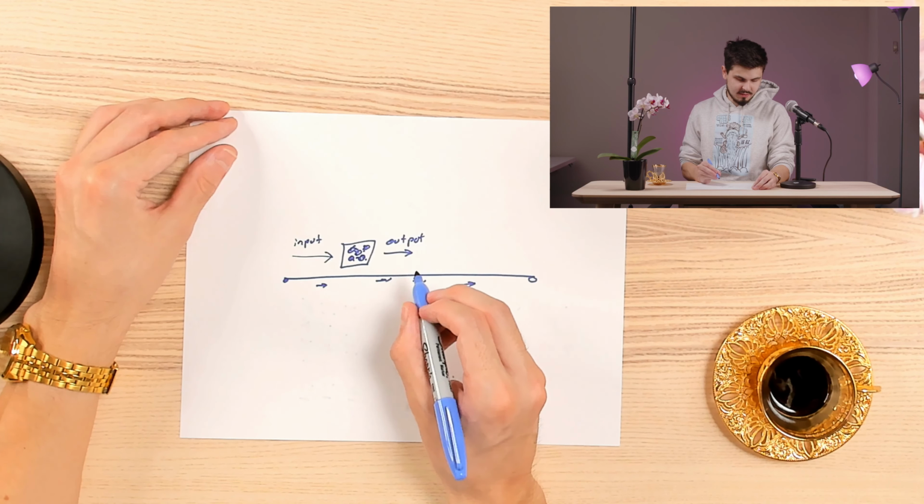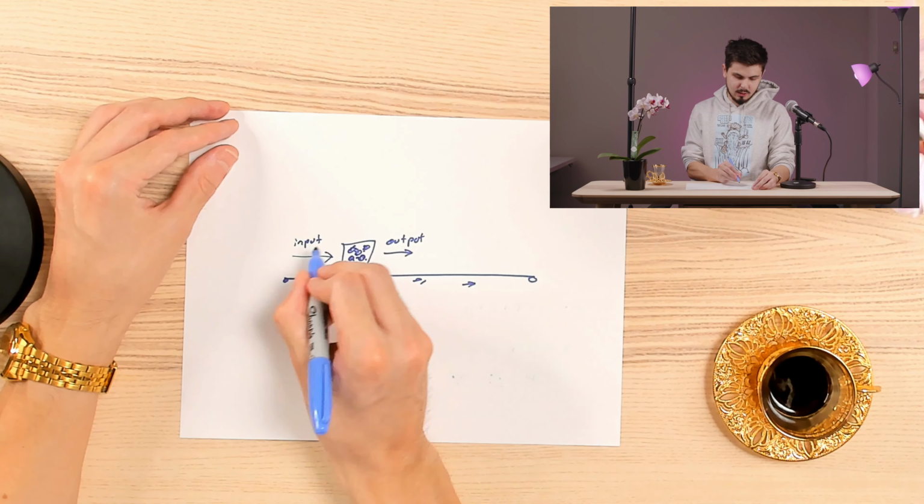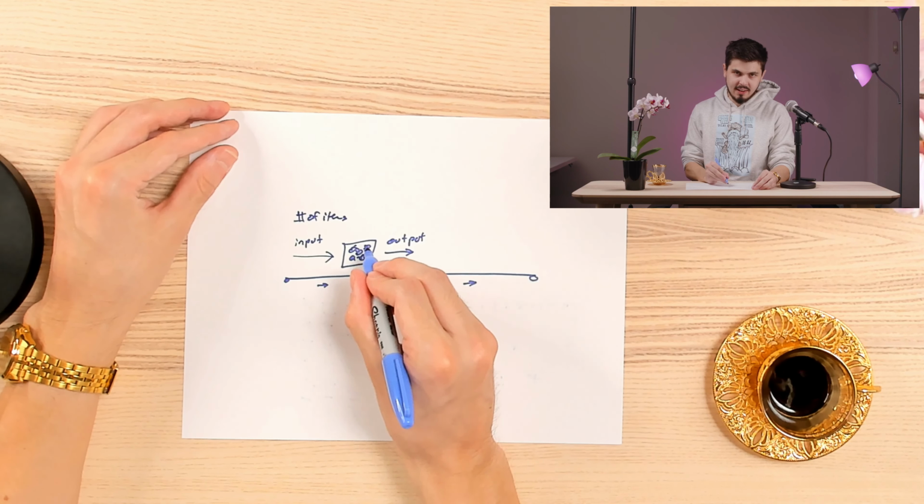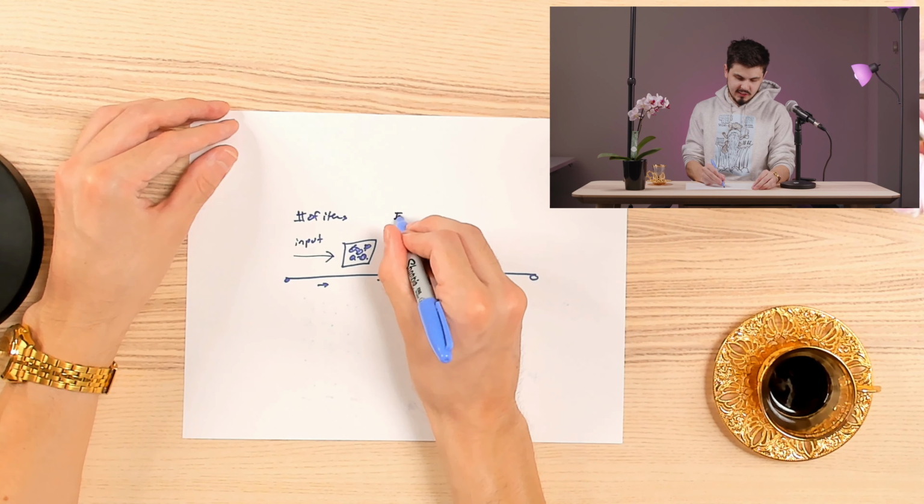In our case, the number of items goes in on one side of the belt, and the machine spits out the number of permutations on the other side. We called our function perms, but we could have called it anything. The name of our function does not affect its operation.